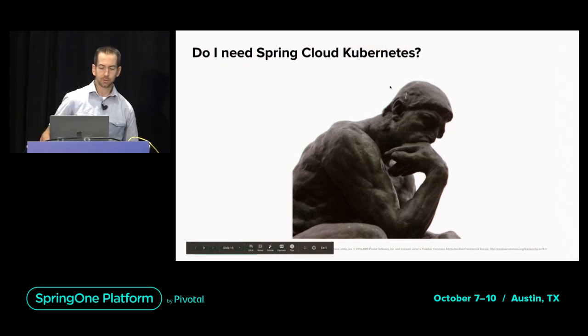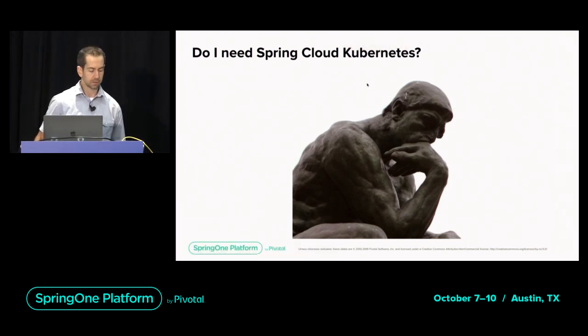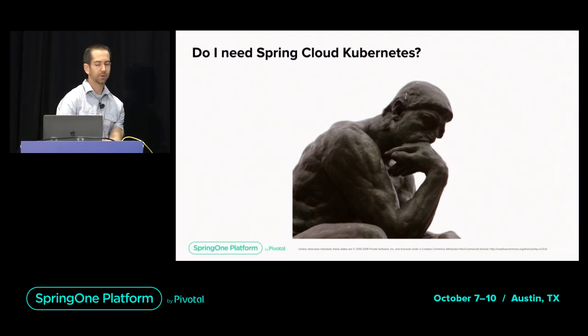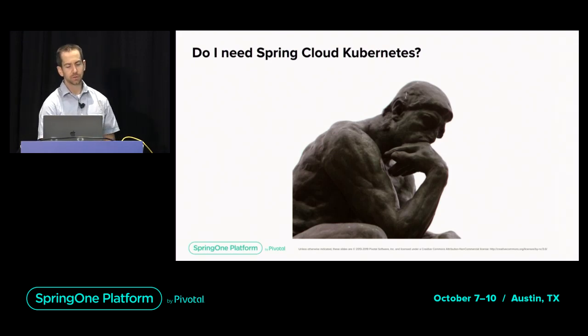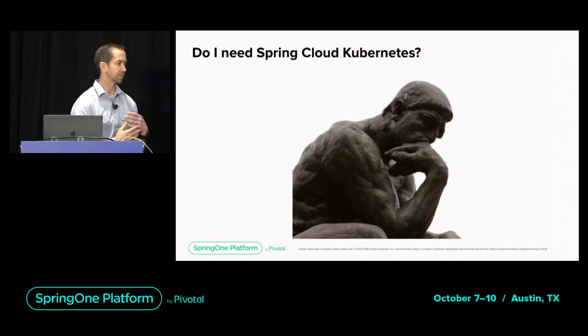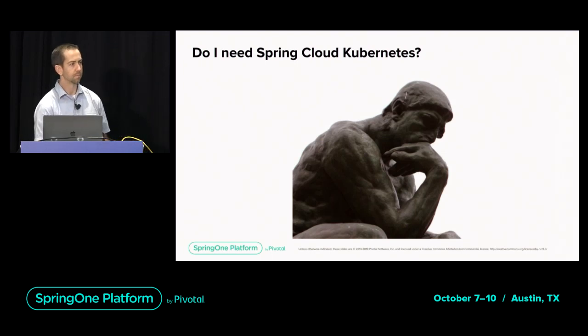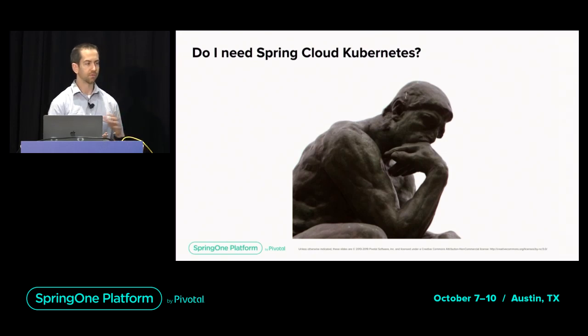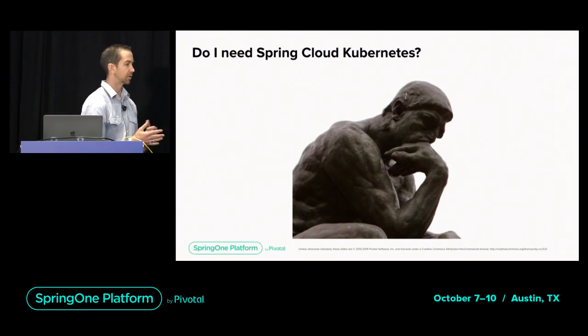So do I need Spring Cloud Kubernetes? It's kind of an odd question to ask in a session about Spring Cloud Kubernetes. Well, if you are really deeply familiar with Kubernetes, you probably know that I can do service discovery via DNS. I can mount config maps into my application via volumes, and as long as those config maps are configured in a YAML format in a place that the Boot app knows where they are, it will work.